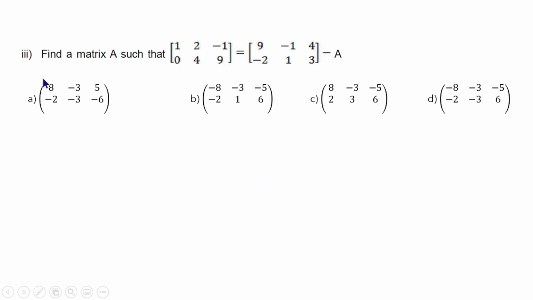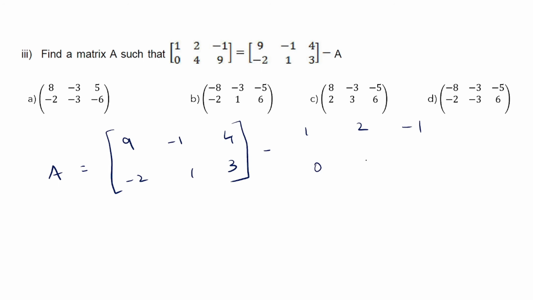Next question: find a matrix A such that [1 2; -1 0; 4 9] is equal to [9 -1; 4 -2; 1 3] minus A. So we need to find A. So we can find A as A is equal to [9 -1; 4 -2; 1 3] minus [1 2; -1 0; 4 9].